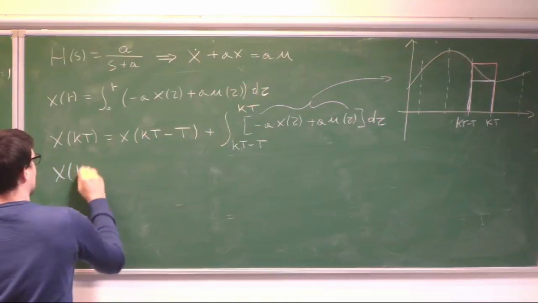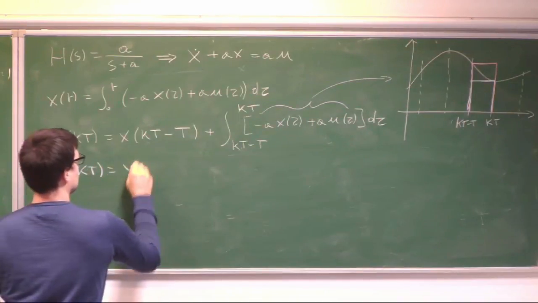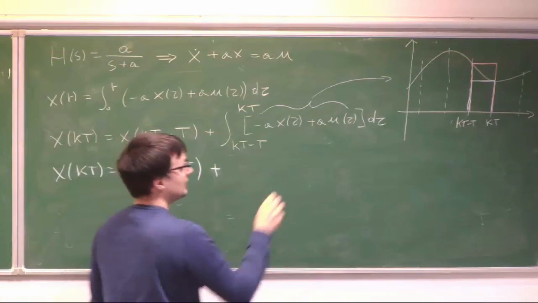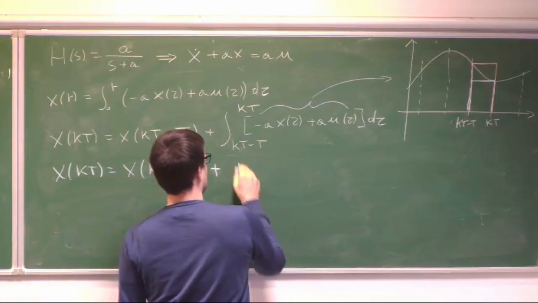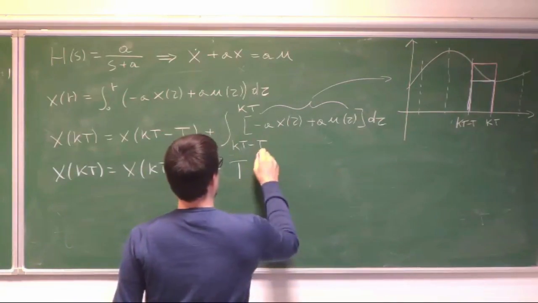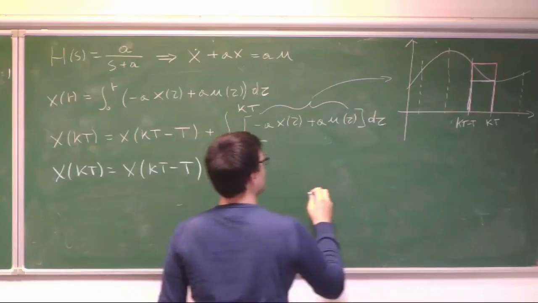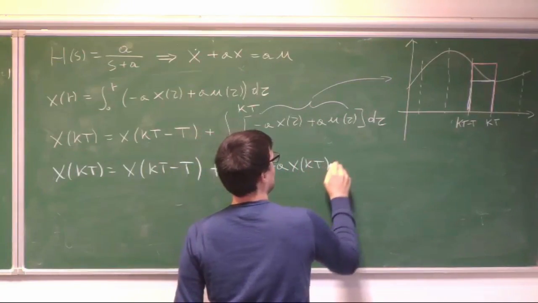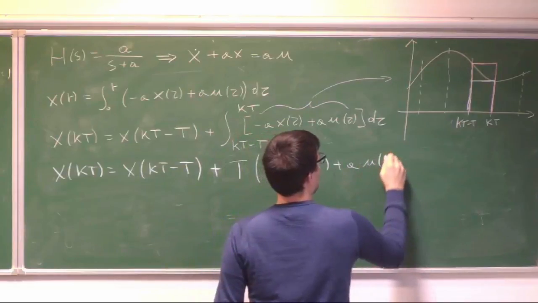So x of kT is equal to x of kT minus T plus the base is the same, so is capital T. And then the height of that rectangle now is minus a x of kT plus a u of kT.